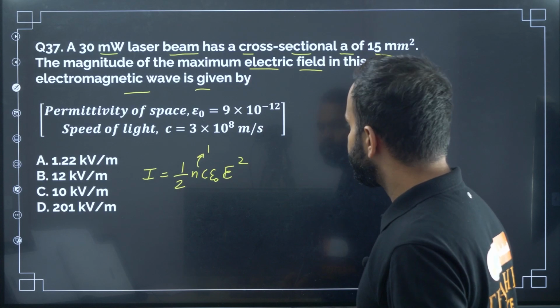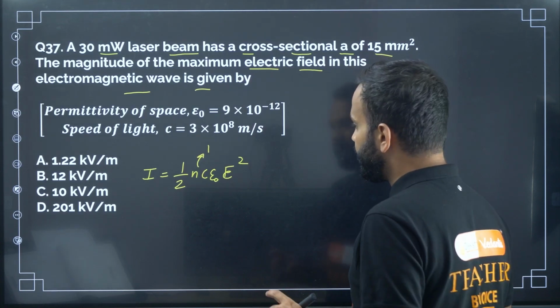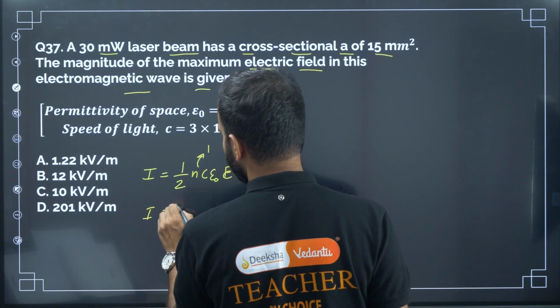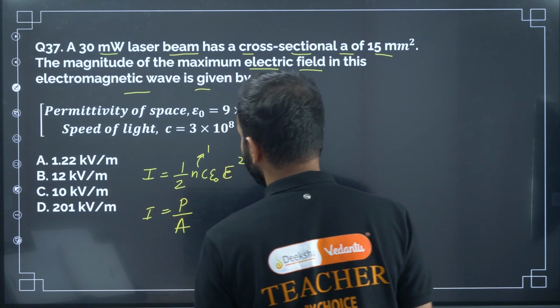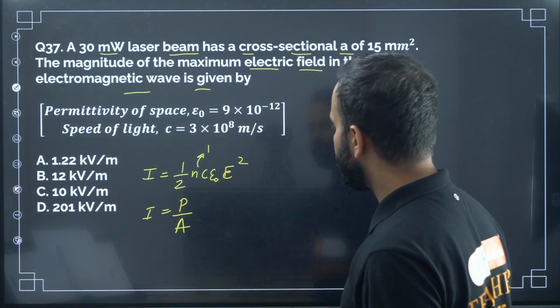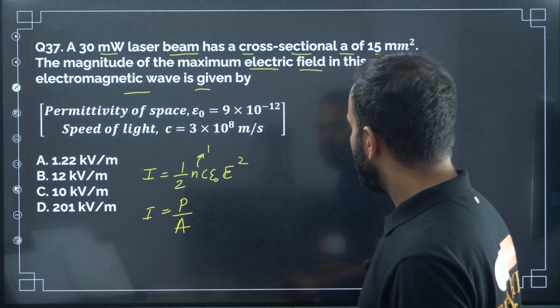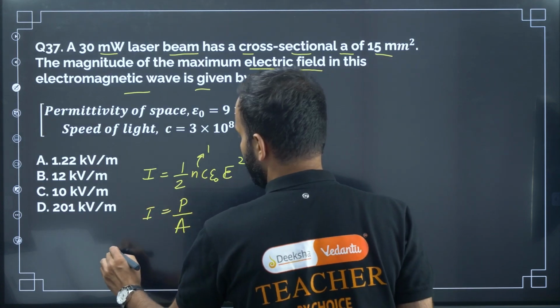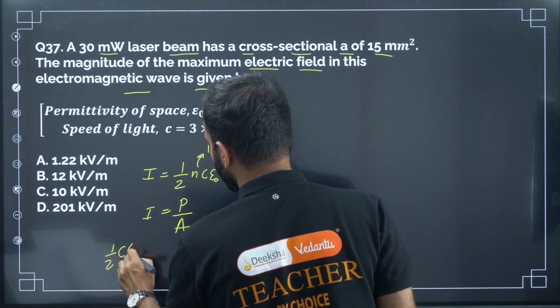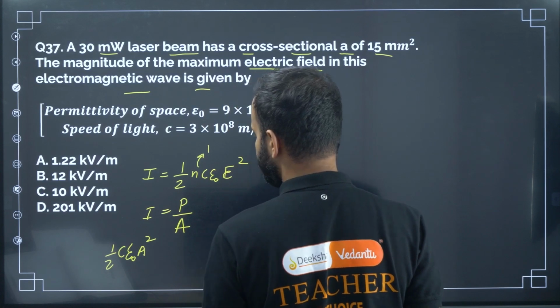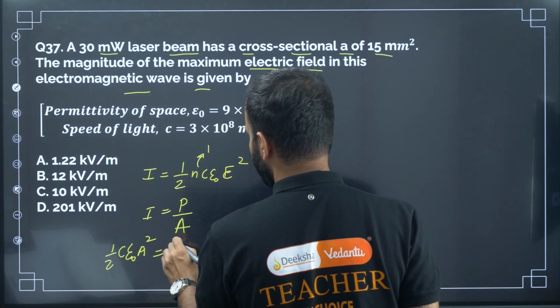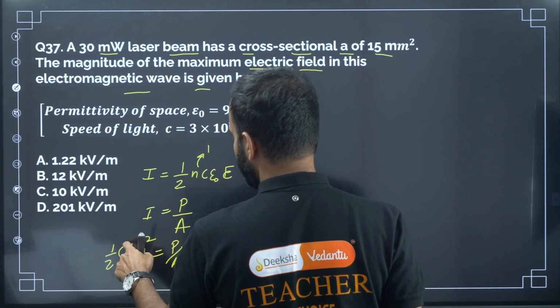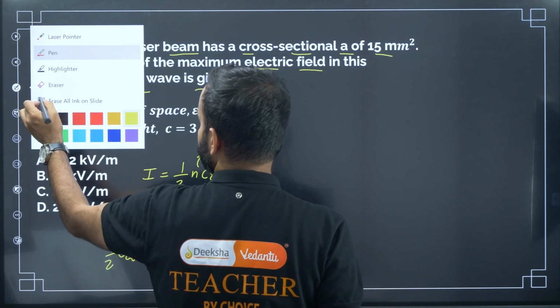And we also know that intensity I equal to power per unit area. So now here I is half C epsilon naught E square, which is equal to P divided by A. Sorry, half C epsilon naught E square, not A square.